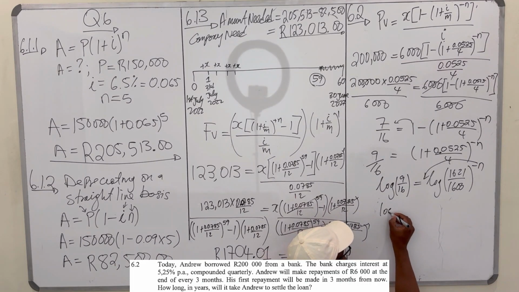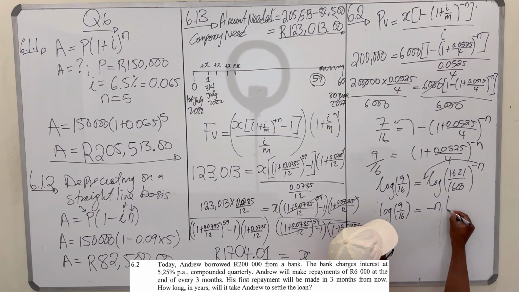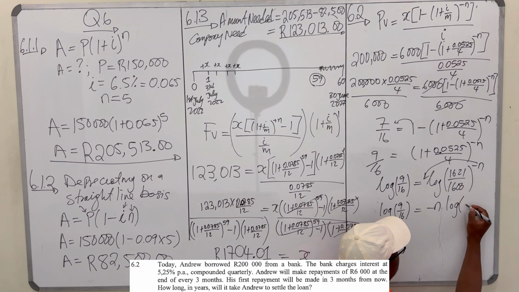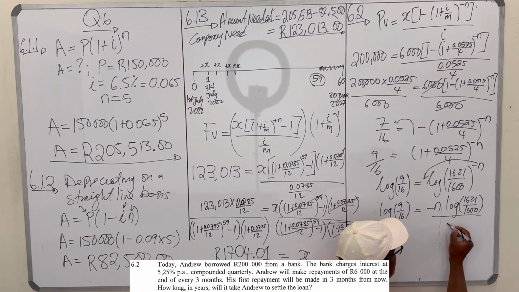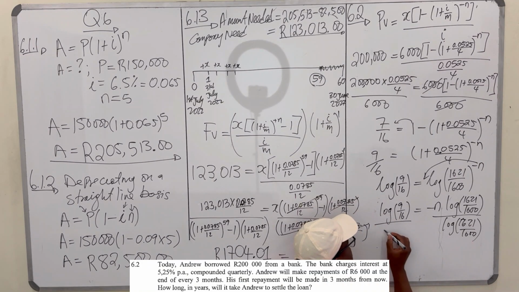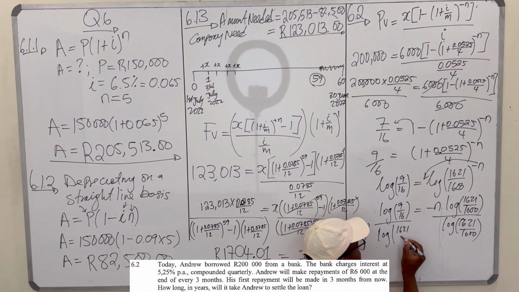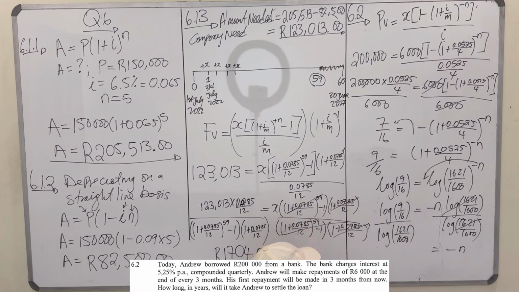So you have log of 9 over 16 is equal to negative n log of 1621 over 1600. Then divide by log of 1621 over 1600. So you get that negative n is equal to the answer for that.